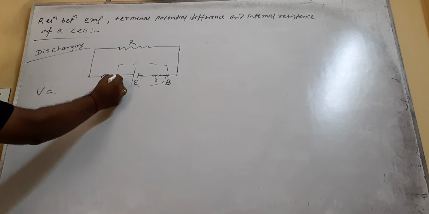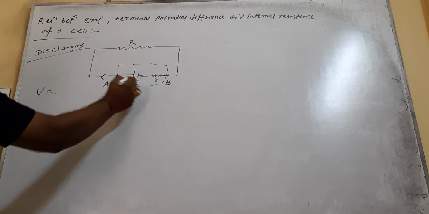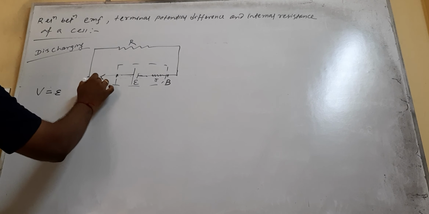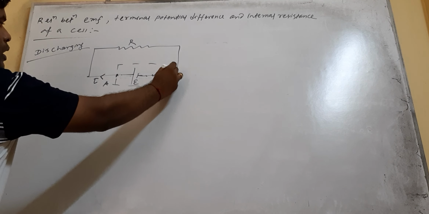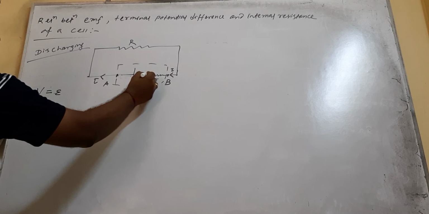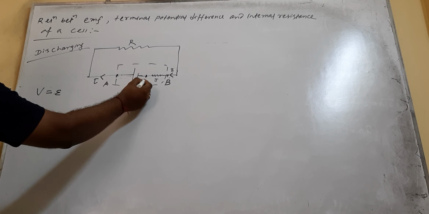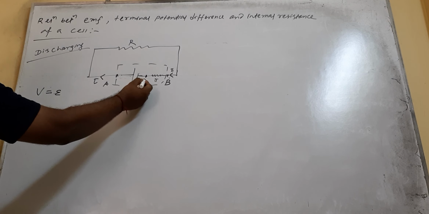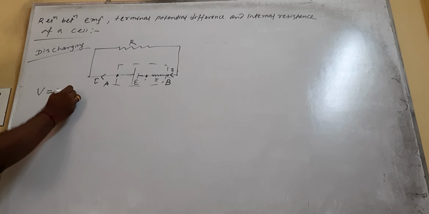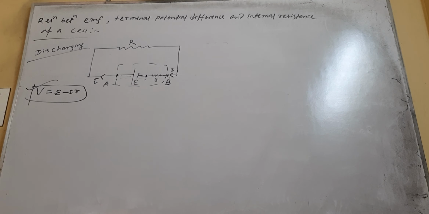Current I flows from B to A, which means from negative to positive terminal, lower potential minus higher potential, that is negative minus higher. So that equation we have derived.